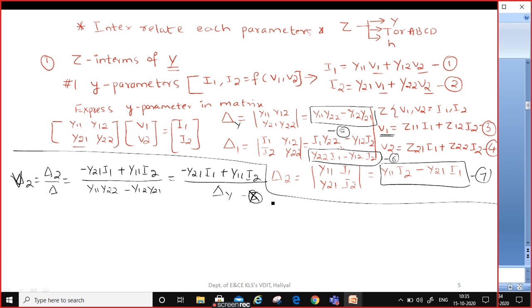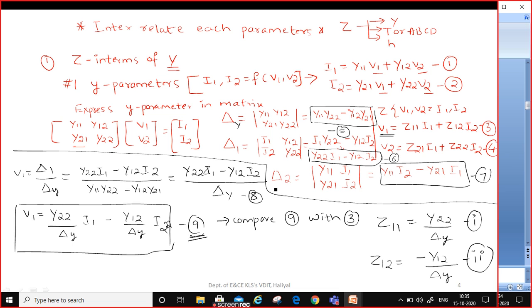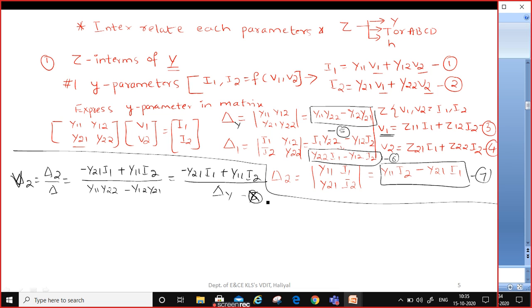Let me call this, which was the last equation, number 9, no? 9. So let me call this equation 10. Now if you compare equation 10 with which equation? Equation 4.